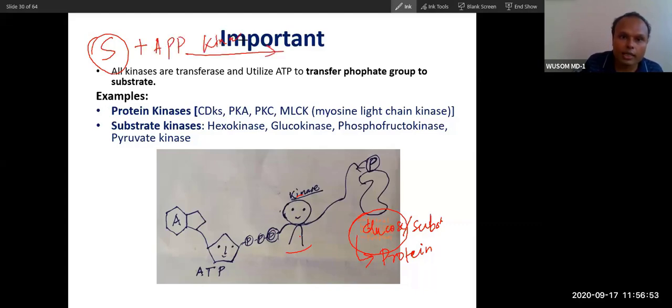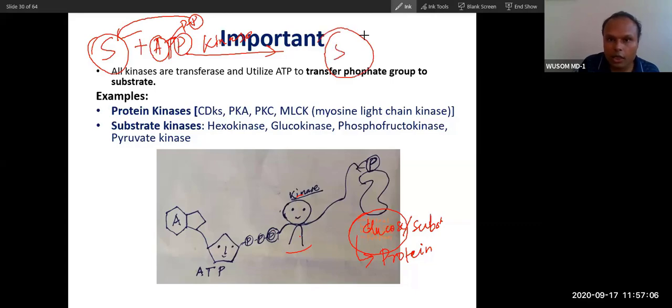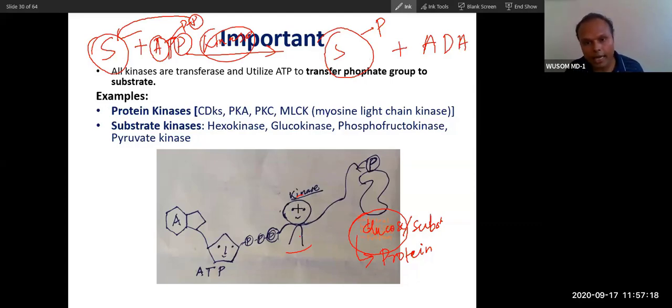Kinase transfers a phosphate from ATP, which has 3 phosphates, to the substrate, and then the substrate will be phosphorylated, and ATP will convert into ADP. The enzyme that transfers phosphate from ATP to a substrate is called kinase. Remember, kinase always deals with ATP.